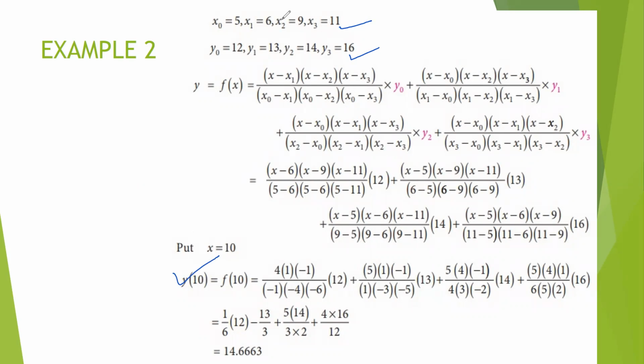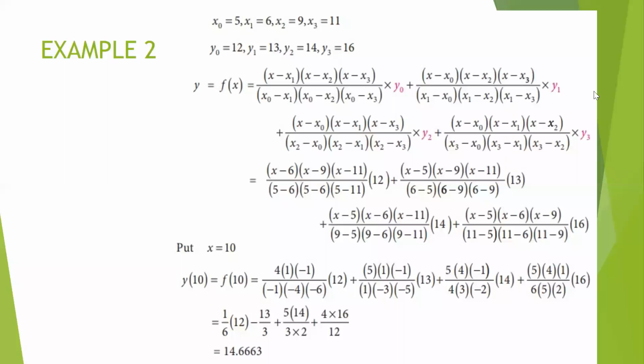This 10 value lies nearer to the middle one. Why? Because x0, x1, x2, x3 are divided into two equal halves, so we can consider this 10 as a middle one.